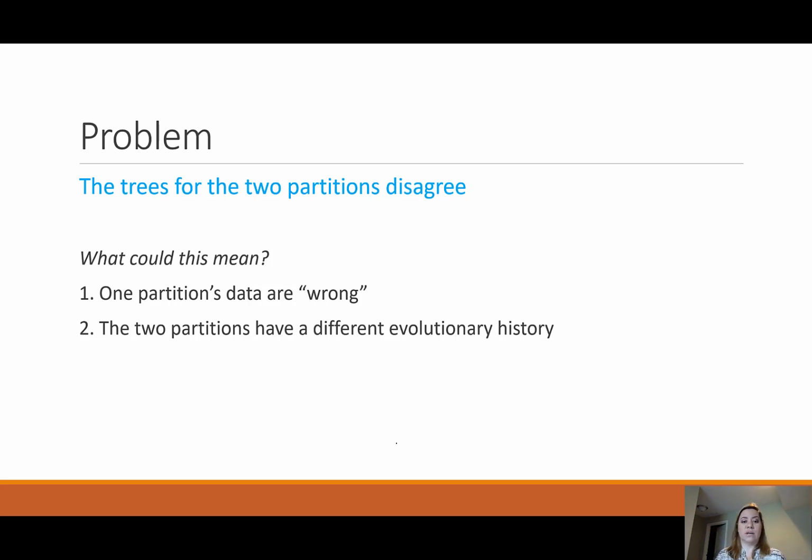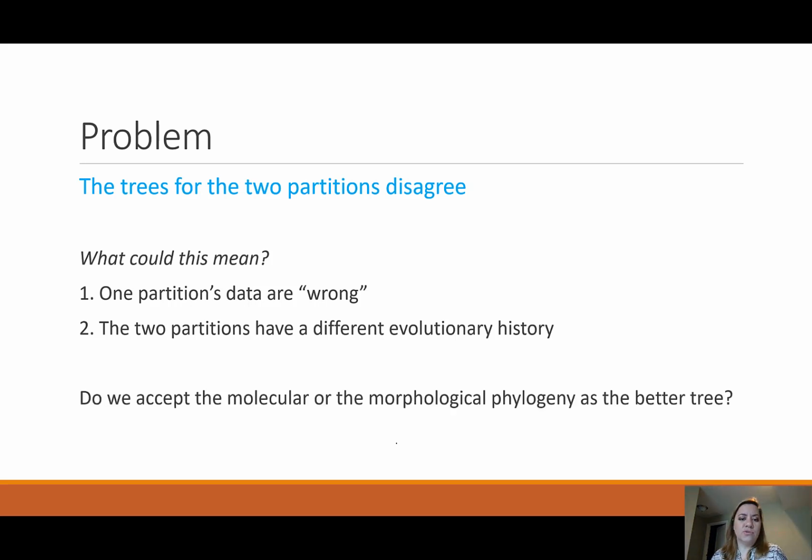How the heck do you decide what to do at this stage? So I'm going to introduce you to a test that will allow us to discern whether one tree is better than the other, or make us decide whether one tree, the molecular or morphological phylogeny, is the better tree. Which one do we accept?